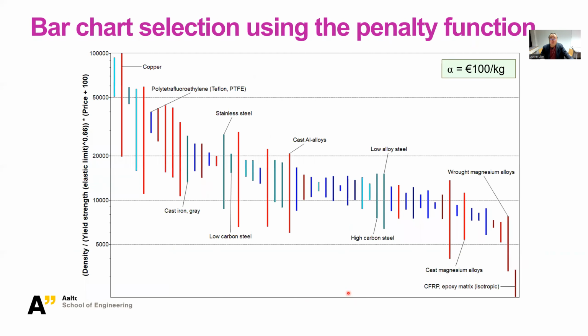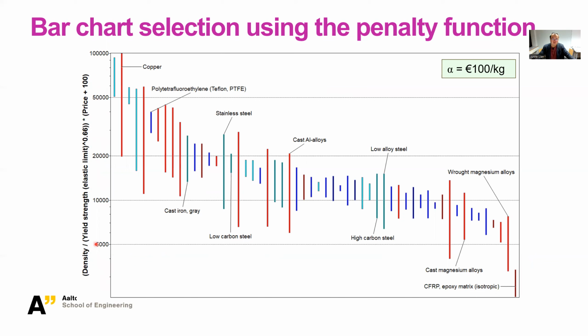All right, so that was the concept. Now I'm going to show you how we visualize it, how you do the, let's say, ranking and do the selection. So the first way to rank it or to visualize it is by the bar charts. Basically, you just plot all the materials possible that fulfill the constraints, and you give the y-axis as your penalty function.